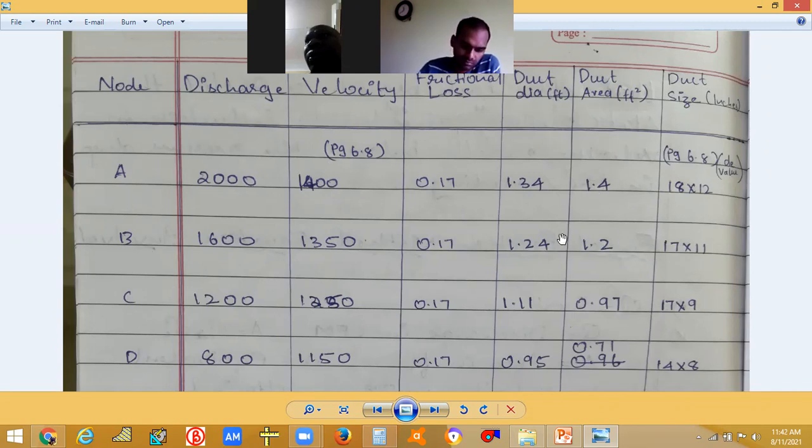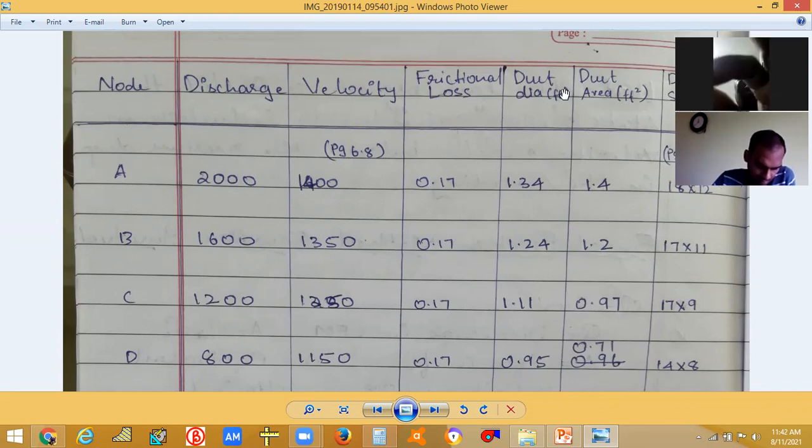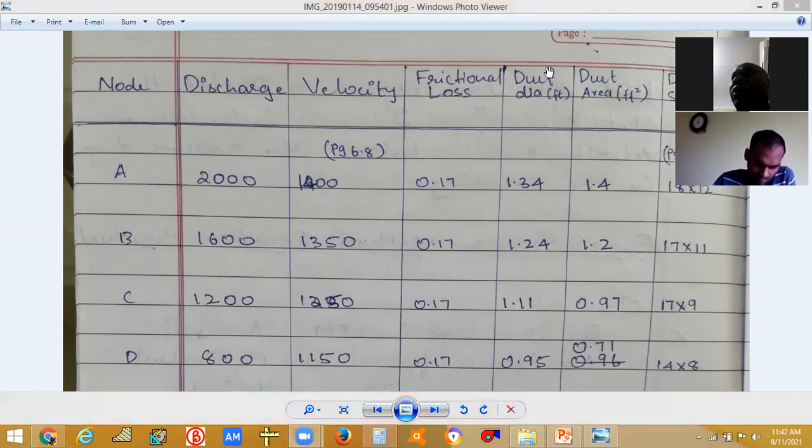You got the diameter in feet. What do you get for the diameter in inches in node B? What is the answer? Yeah, 14.9, or 14.7, or 14.9.